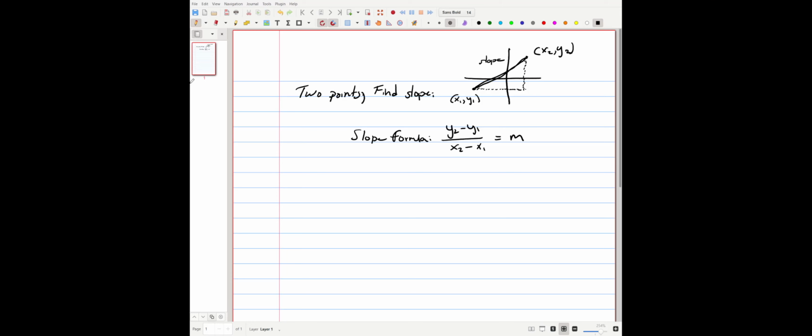So how do we find the slope? If we're given 2 points, well, we use the slope formula. Okay. So what if we are given a slope and 1 point?